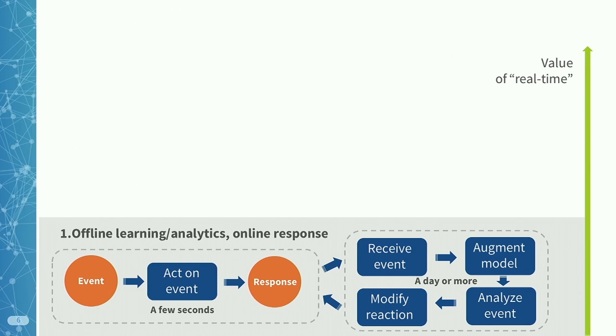The simplest thing that you can do, and this is, I think, by and large, where the state of the industry is today, is that in real time, inline, you are responding to an event. So event response happens in real time through some kind of online systems. But that's based on some kind of rules, and the rules are really devised offline.